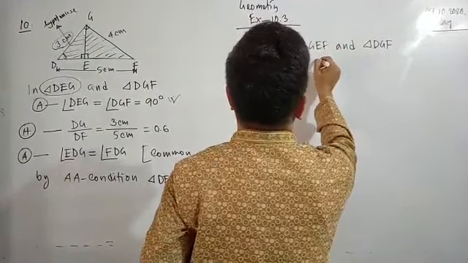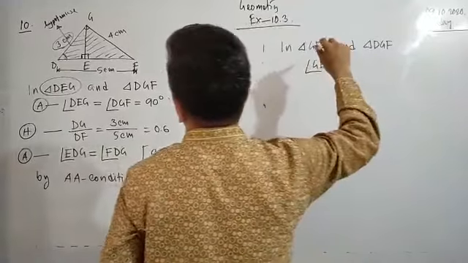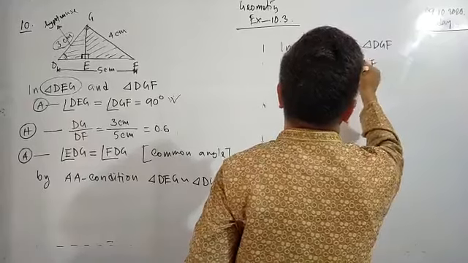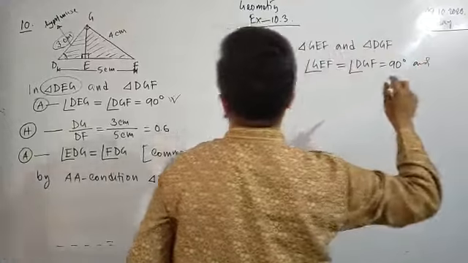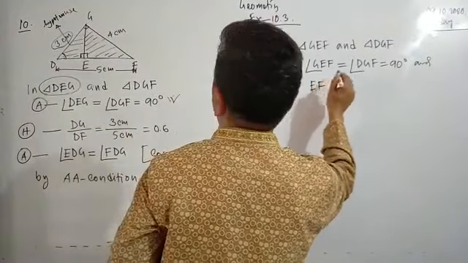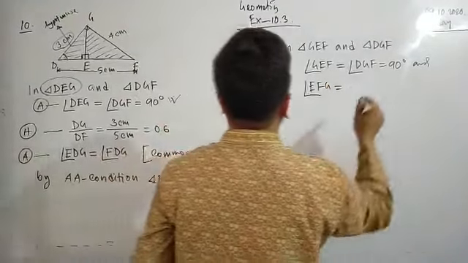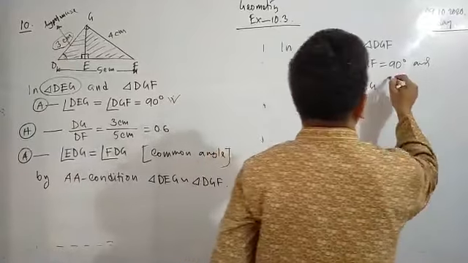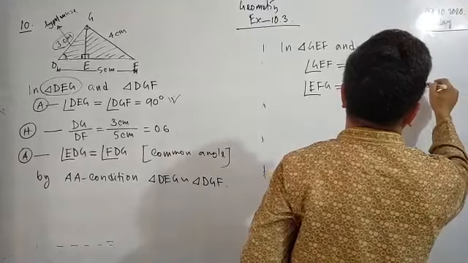So easily we can write angle GEF is equal to angle DGF equals 90 degree, and angle EFG is equal to angle DFG. Why? Because it's also a common angle.